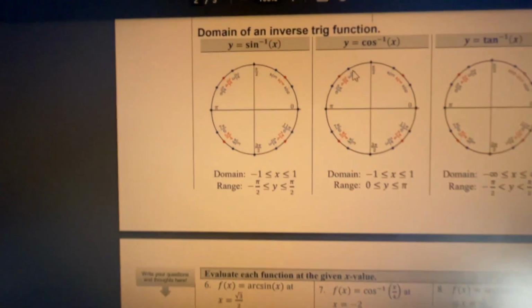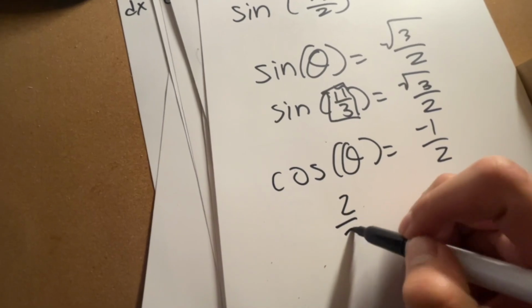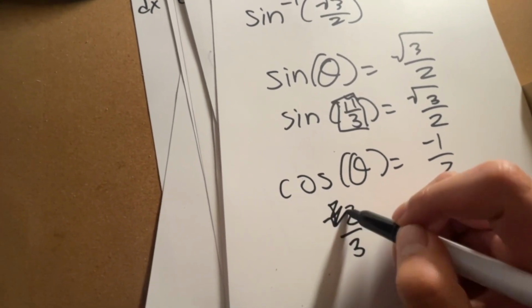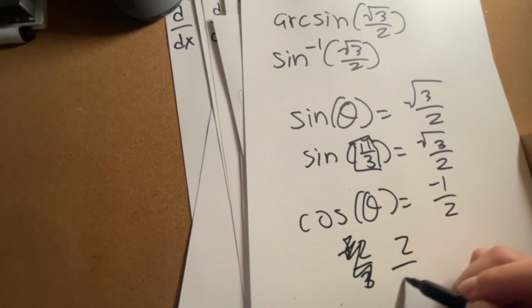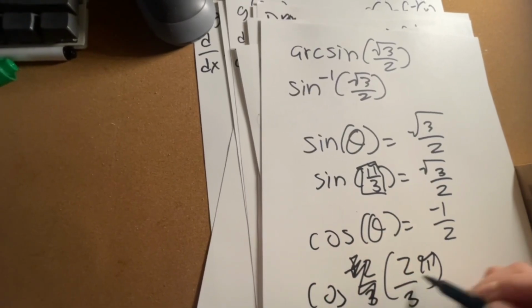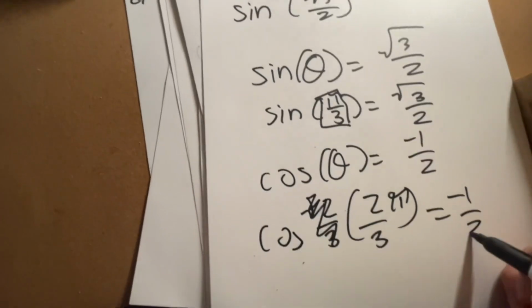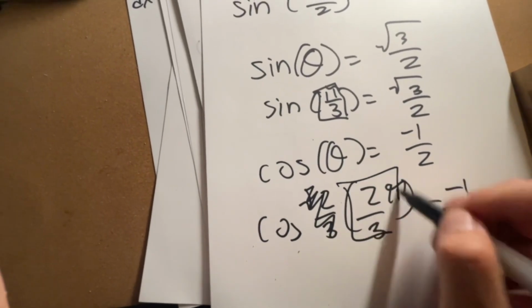You have to remember your unit circle, and that'll be at 2 over 3 pi. So cos of 2 pi over 3 is equal to negative 1 over 2, and this is our answer for that.